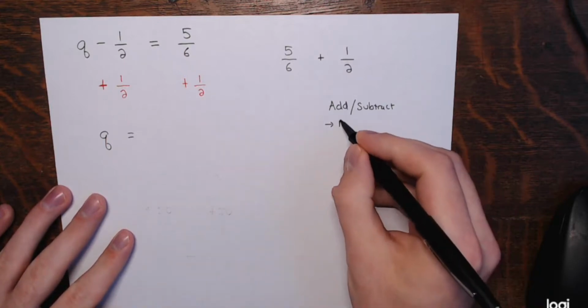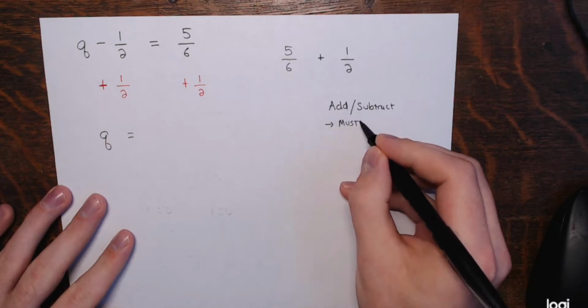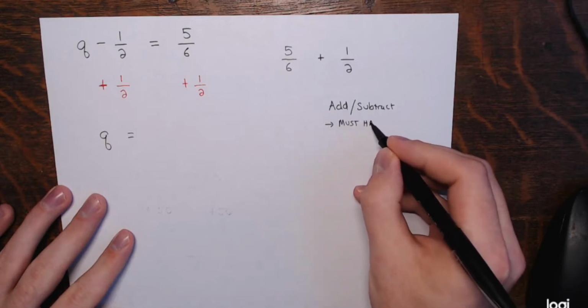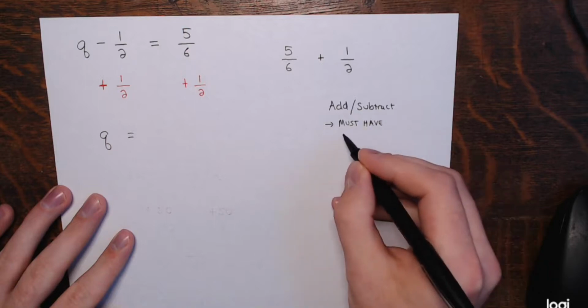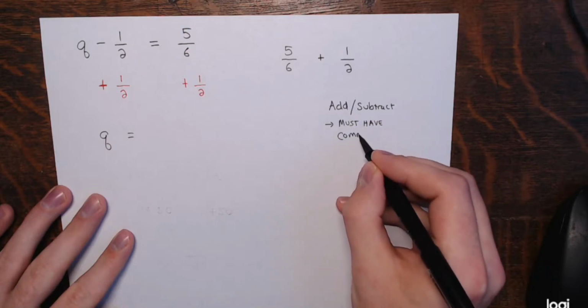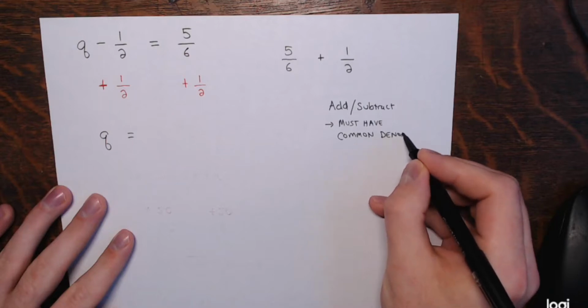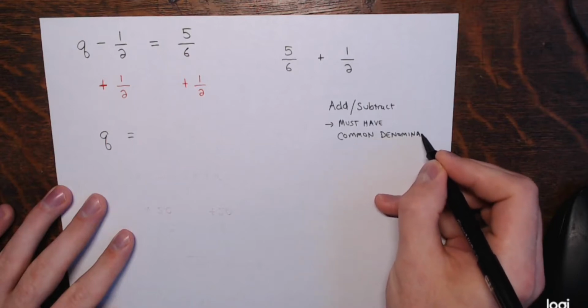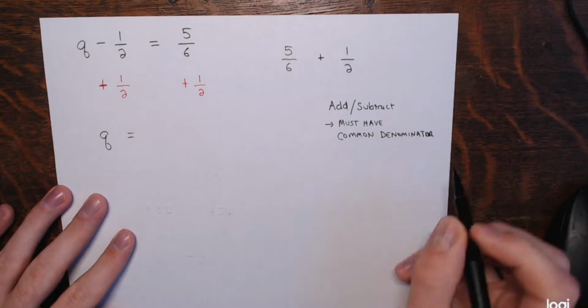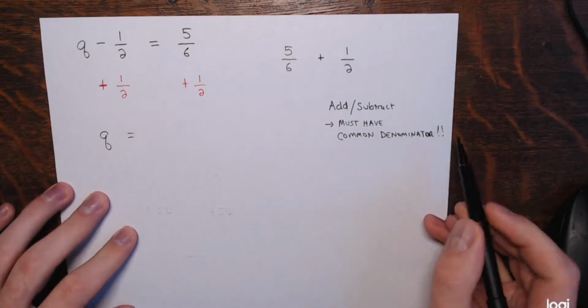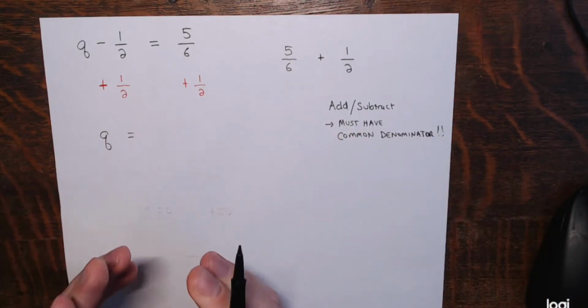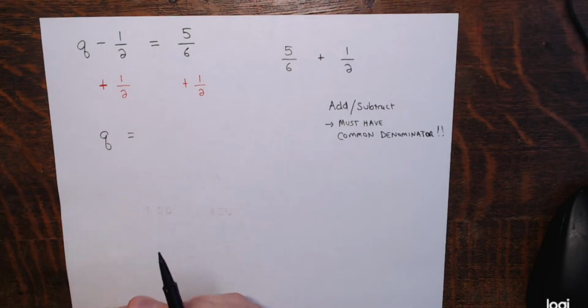You must have a common denominator. The denominators must be the same. All right, and that's key. But again, that's only for addition and subtraction. Multiplication and division, the fractions you're working with do not have to have the same denominator.